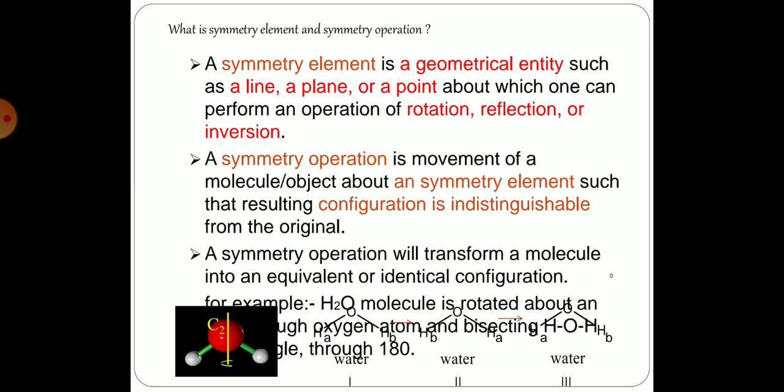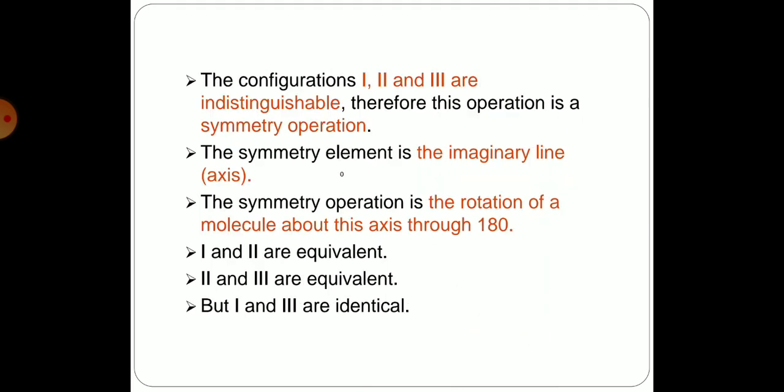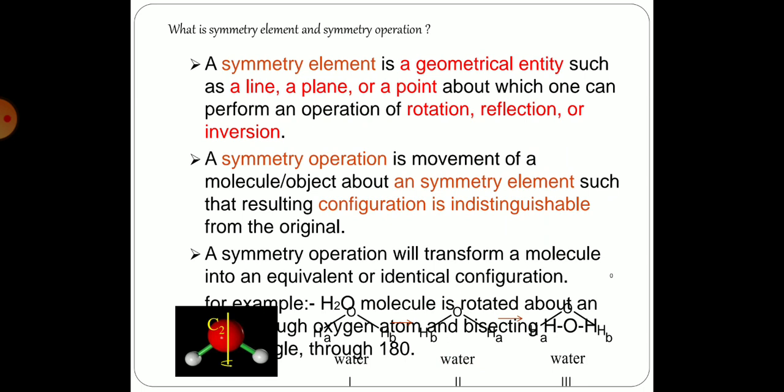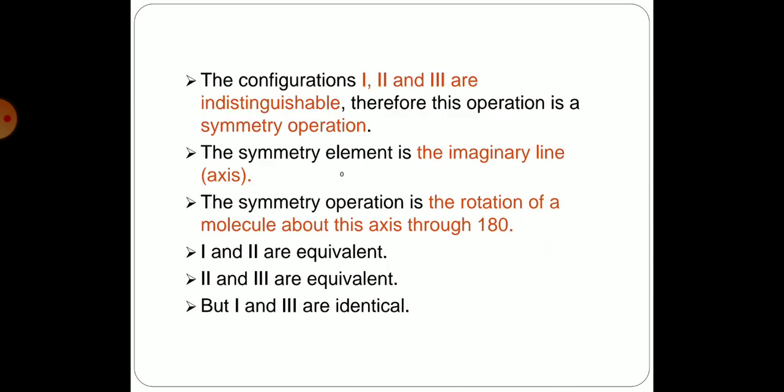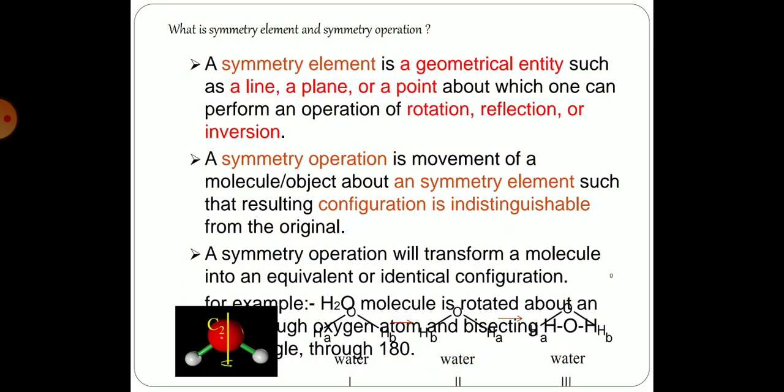First and second, you can see water and water, are equivalent to each other. Second and third are equivalent to each other, and first and third are identical. Okay, you can see the position of Ha and Hb in the first water molecule and the third water molecule is similar.